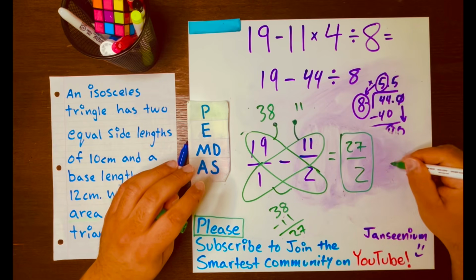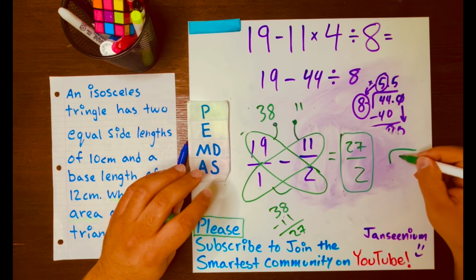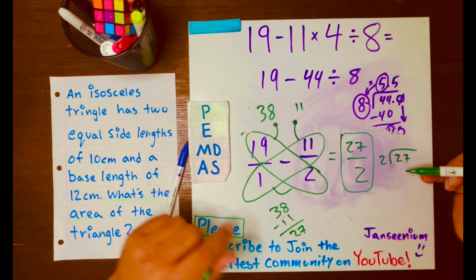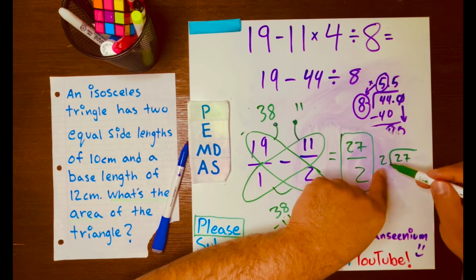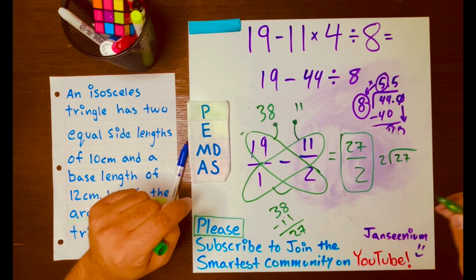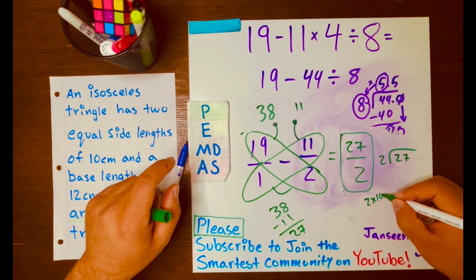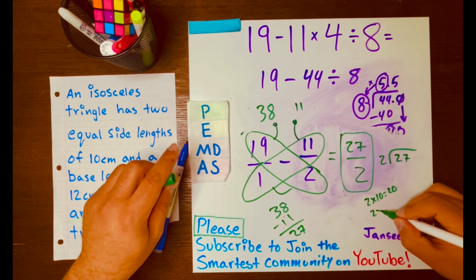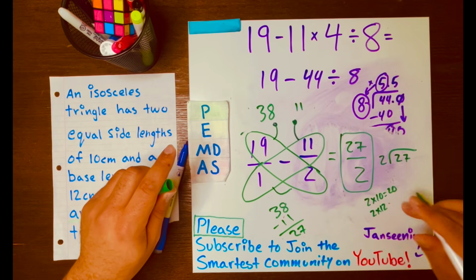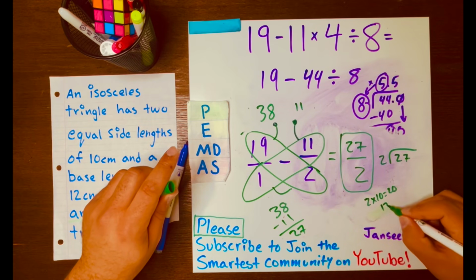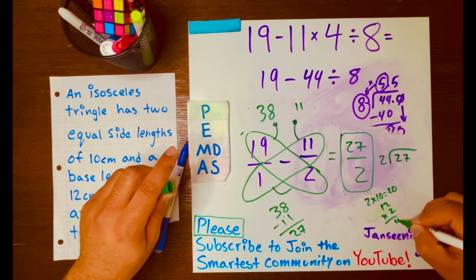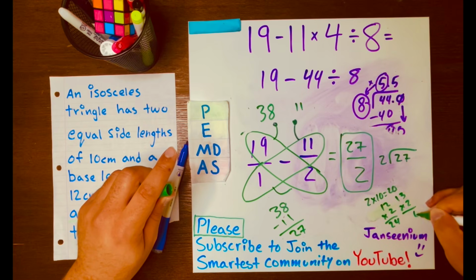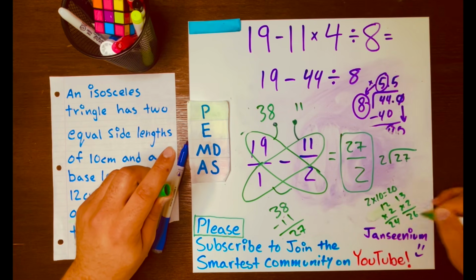And then you can use long division to figure this out. You have 27 as the dividend and 2 as the divisor. How many times can 2 fit into 27? Well, I know that 2 times 10 is 20, so we're getting closer to 27. 12 times 2 is 24. 13 times 2 is 26.